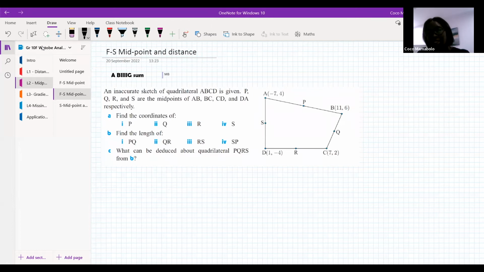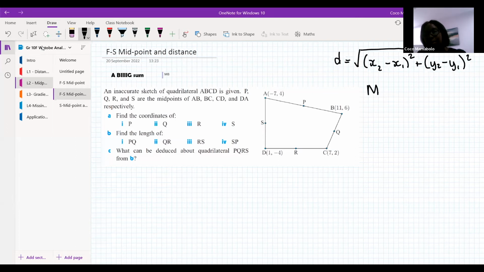I'm going to remind you guys that the distance formula is the square root of x2 minus x1 all squared plus y2 minus y1 all squared, the square root of all of that. That is my distance formula. And my midpoint formula is x1 plus x2 over 2 and y1 plus y2 over 2.